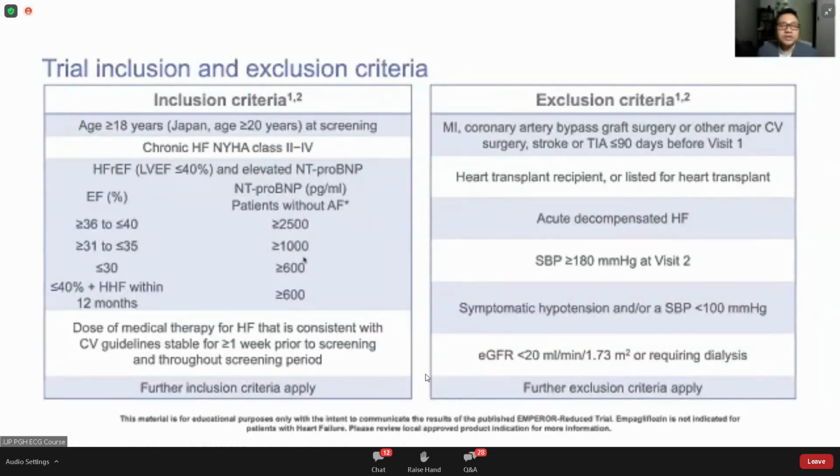So you would see that those in the highest tier of the EF in HFrEF, between 31 to 40, need to have at least 1,000 or more, but those below 30%, at least 600 NT-proBNP would qualify for these patients. And if they are on background therapy but are unstable, they are excluded.